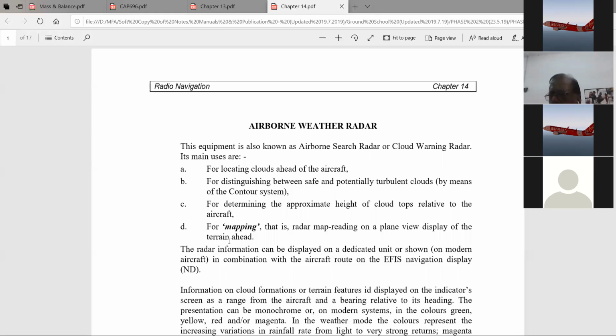As I mentioned, the turbulence is totally related to the size of the water droplets in the cloud.